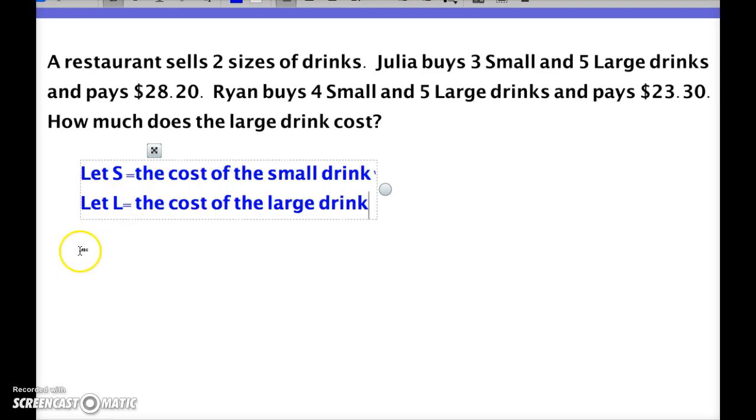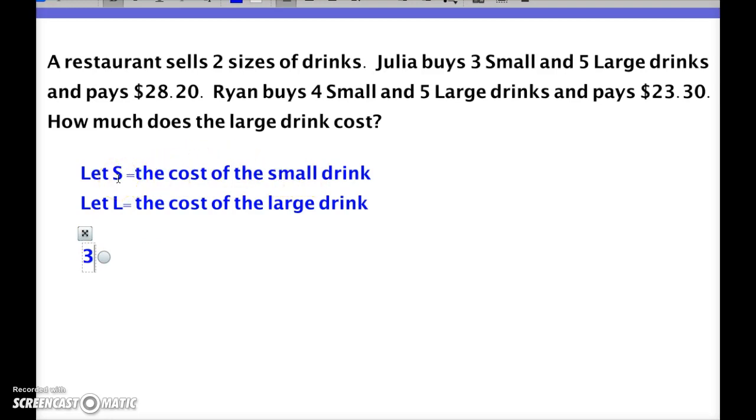Okay, so now if I look at the information I have to write the equation, I know that Julia buys 3 small and 5 large drinks, and she pays $28.20. So for the small drinks, that would cost her 3, because there are 3 of them, times the cost of the small drink.